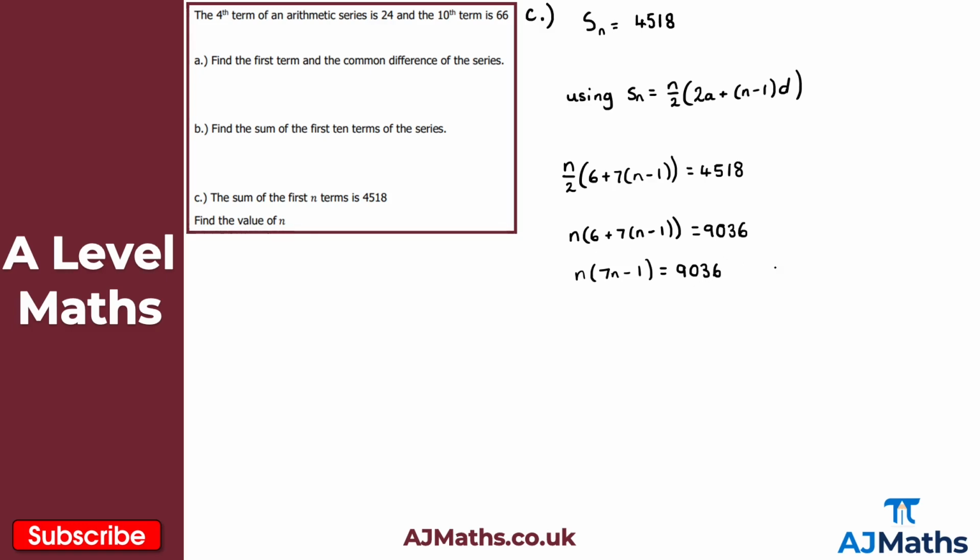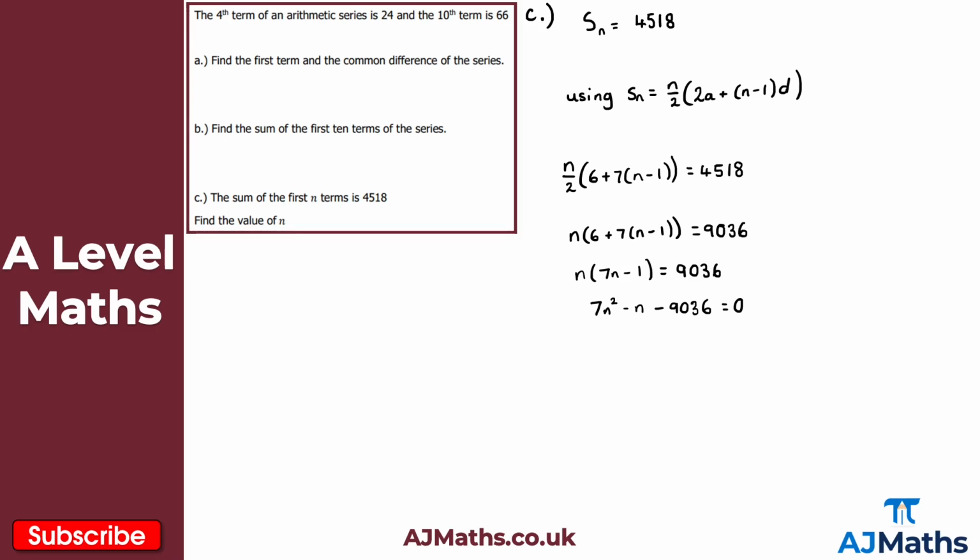So what I'm going to get here is a quadratic equation. If I expand this out, I get 7n squared minus n. And I'm also going to subtract 9,036 off both sides so that our quadratic equation is equal to 0. So we get minus 9,036, and that is equal to 0. Okay.